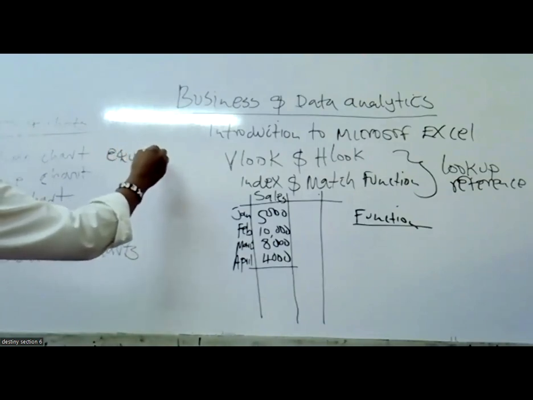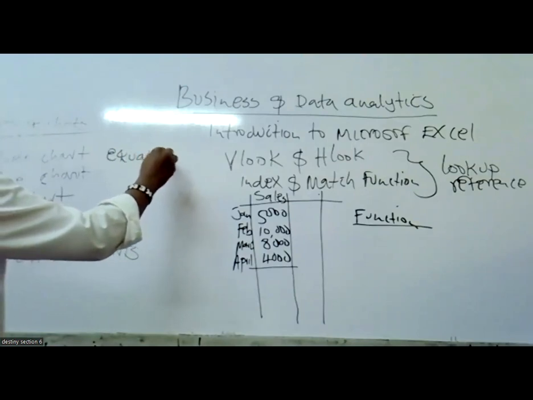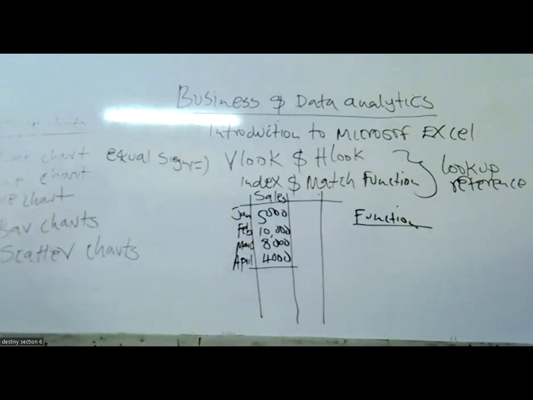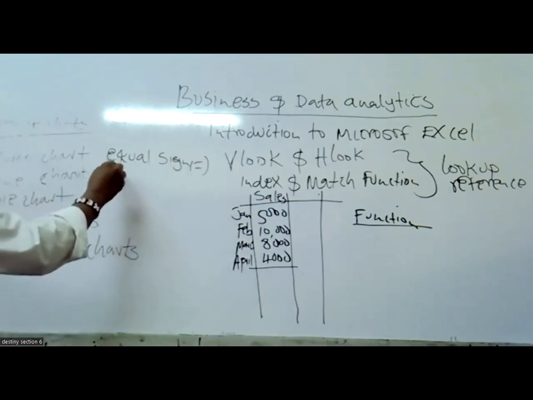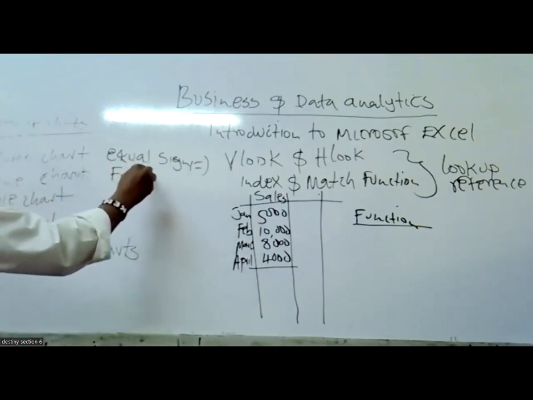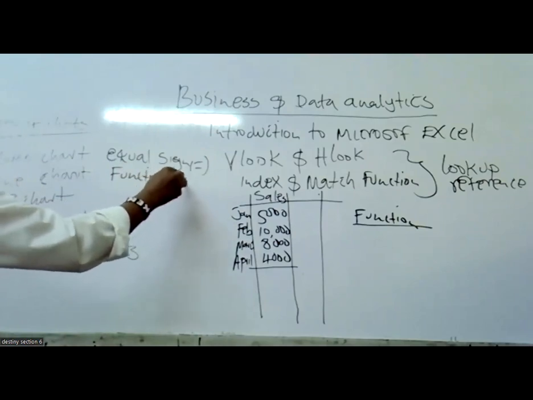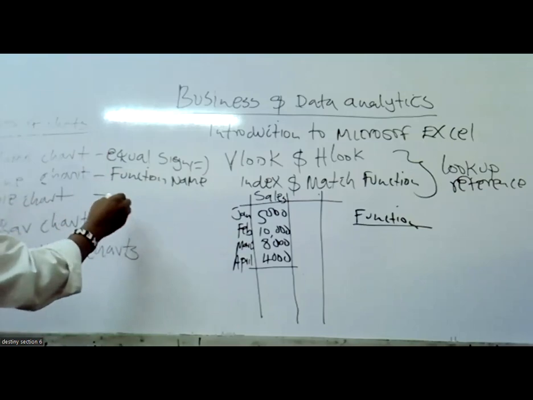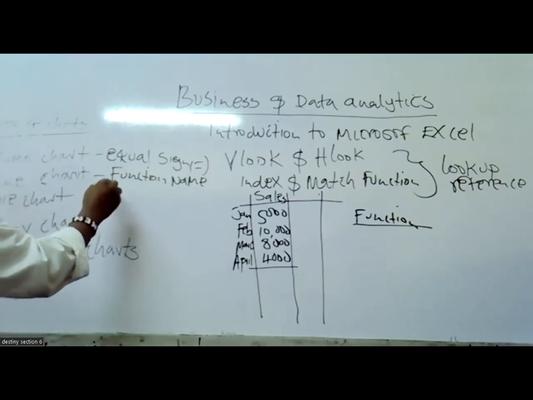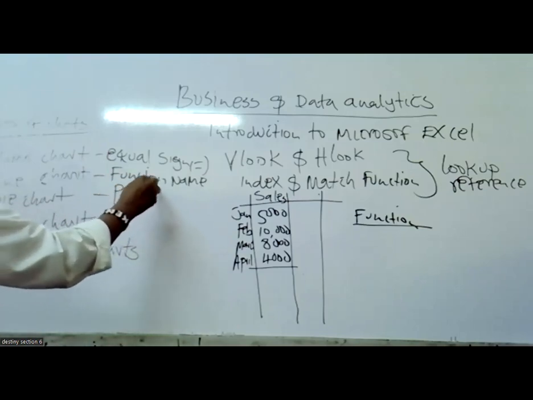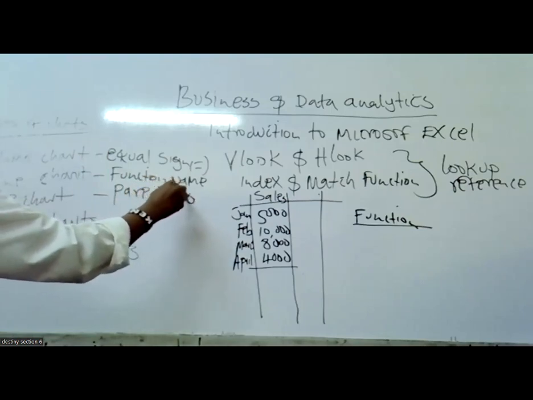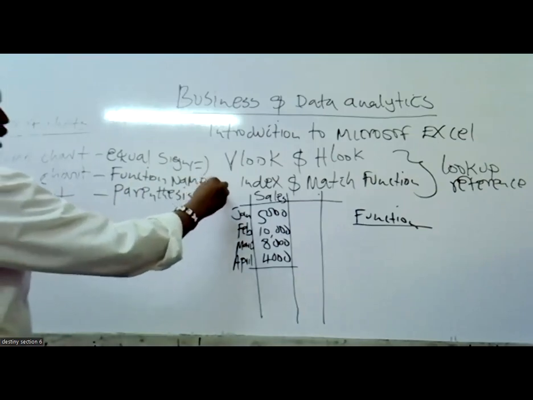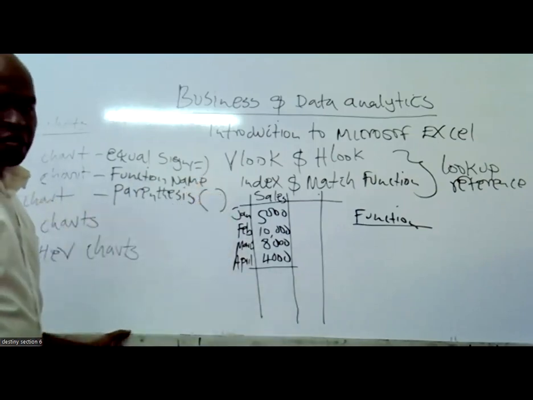That is the first one, the equal sign, which is this one. And then number 2, we have the function name. And then number 3, we have the parentheses. What I mean by parentheses is the opening and closing of the brackets.